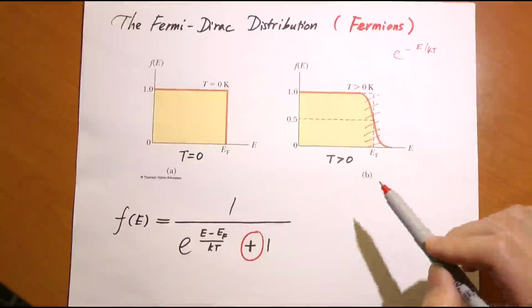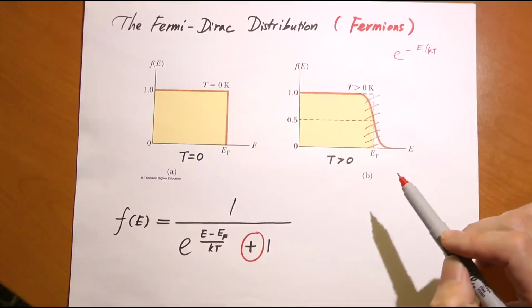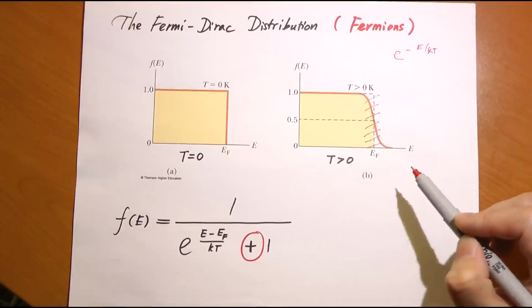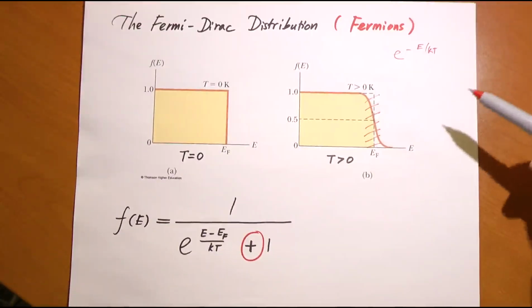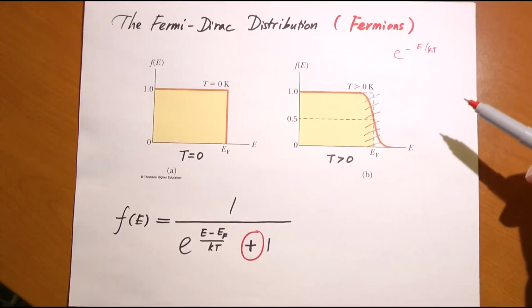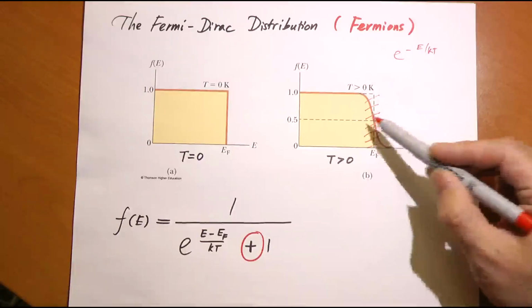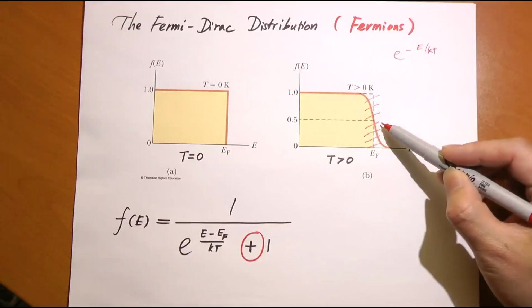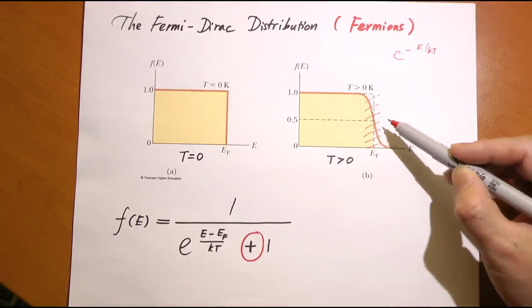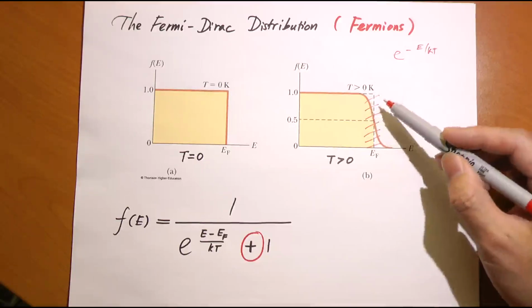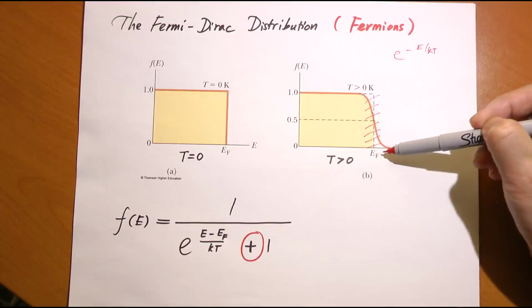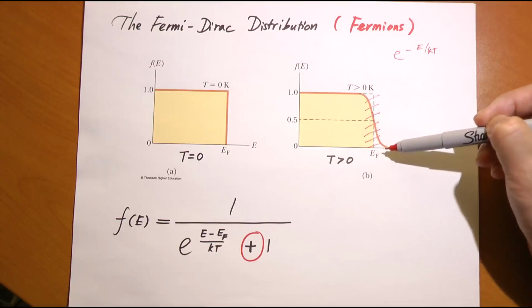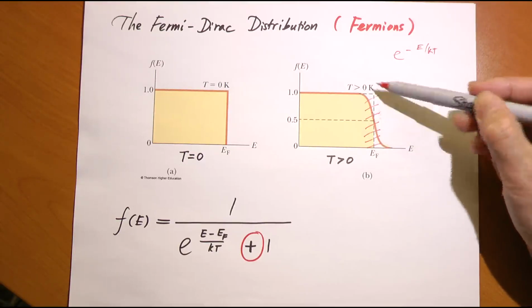It will take place, but it will not take place nearly as frequently as the classical prediction. In classical physics, all of these particles can engage in a collision with everybody else. But in quantum physics, only those electrons whose energies are close to the Fermi energy can engage in a collision with another electron whose energy is close to the Fermi energy as well. So we're looking at a small region where the electrons will have enough energy to have a meaningful collision.